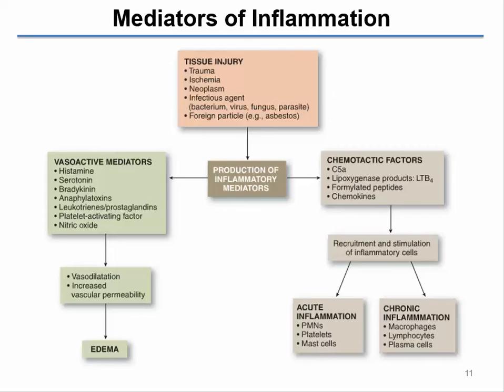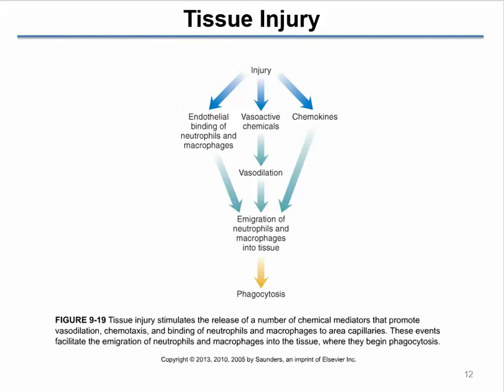So when we sum it up, this is actually a nice little chart that does it. Injury causes the endothelium of the blood vessels to bind with neutrophils, the phagocytes, that will lead to emigration, which will lead to phagocytosis, and the phagocytosis will eliminate the pathogen.